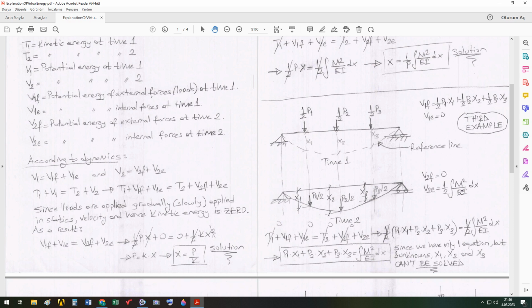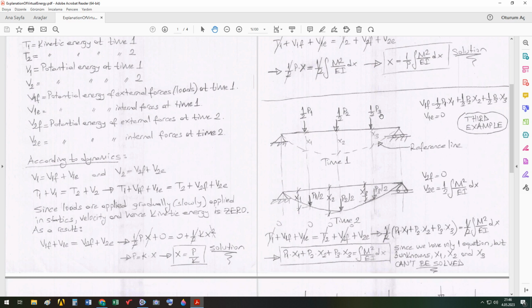When we are calculating the M function, we use P1, P2, and P3, not 1/2 of P1, 1/2 of P2, and 1/2 of P3. When we calculate reaction forces, internal forces, moment, shear force, we use not the half values or the average values of external loads.